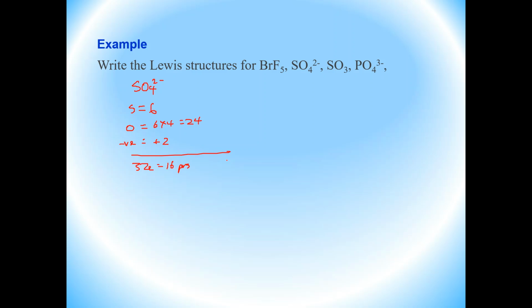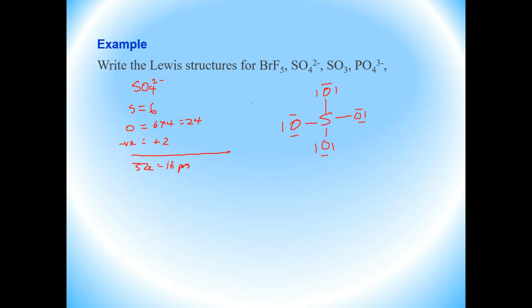Then we come over here and put the sulfur in the middle, surrounded with the oxygens, and then we put the bonding pairs 1, 2, 3, 4, and then the non-bonding pairs around the oxygens 5, 6, 7, 8, 9, 10, 11, 12, 13, 14, 15, and 16.